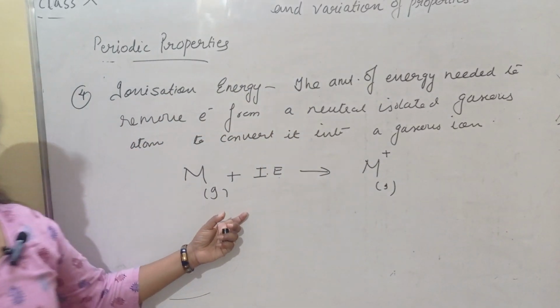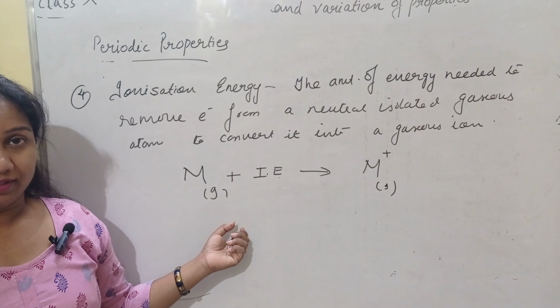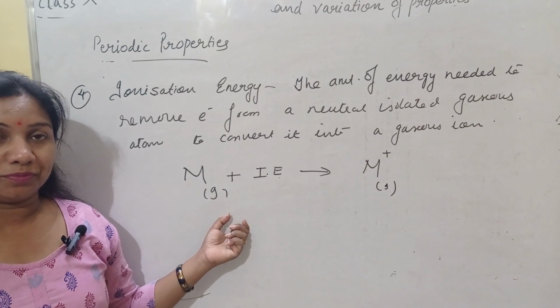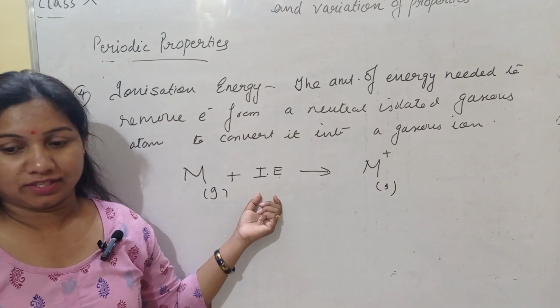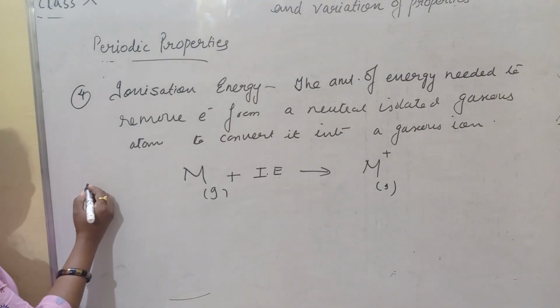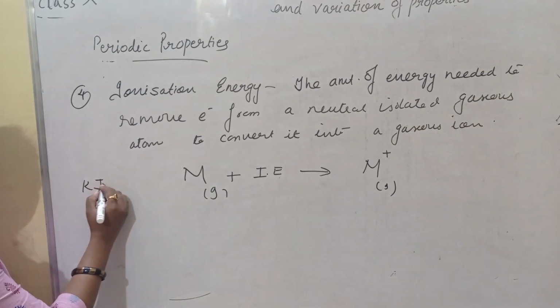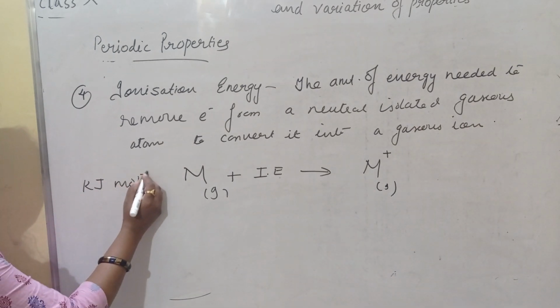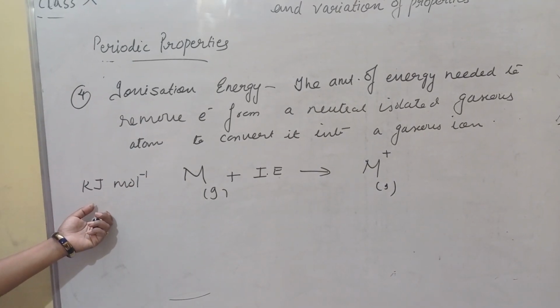So for the removal of this valence shell electron, we are applying some energy. Some energy is required to remove that electron. That energy is called ionization energy, and since it is energy, its unit is kilojoule per mole.